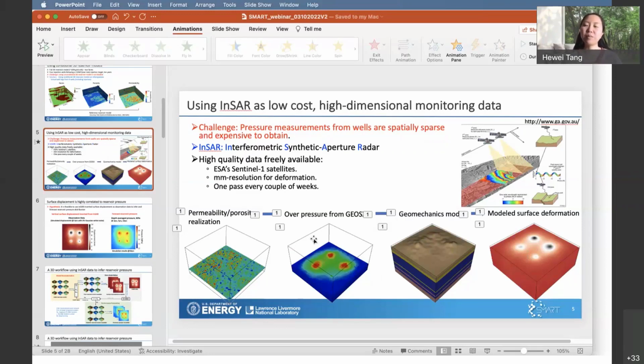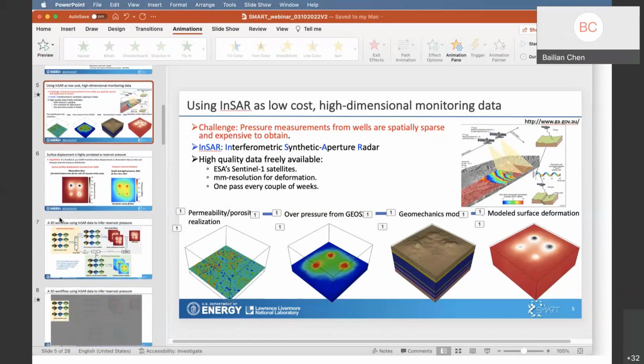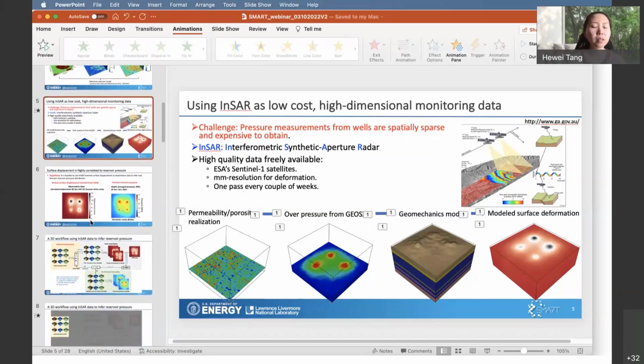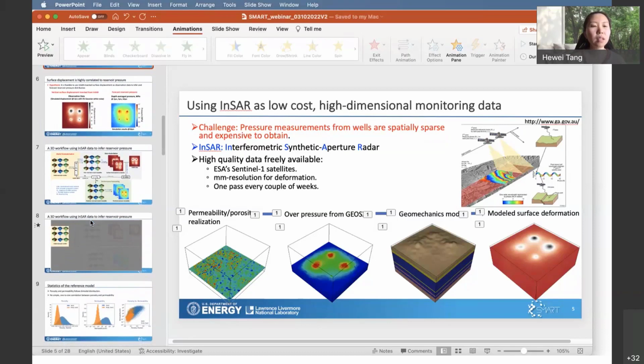Okay, so my next question is about the comparison or benchmark. This one is kind of based on pressure measurements. Have you compared this with the CO2 plume images? No, I haven't compared it with CO2 plume images. Okay, that may be a good comparison, to see how good this kind of data is for the prediction.